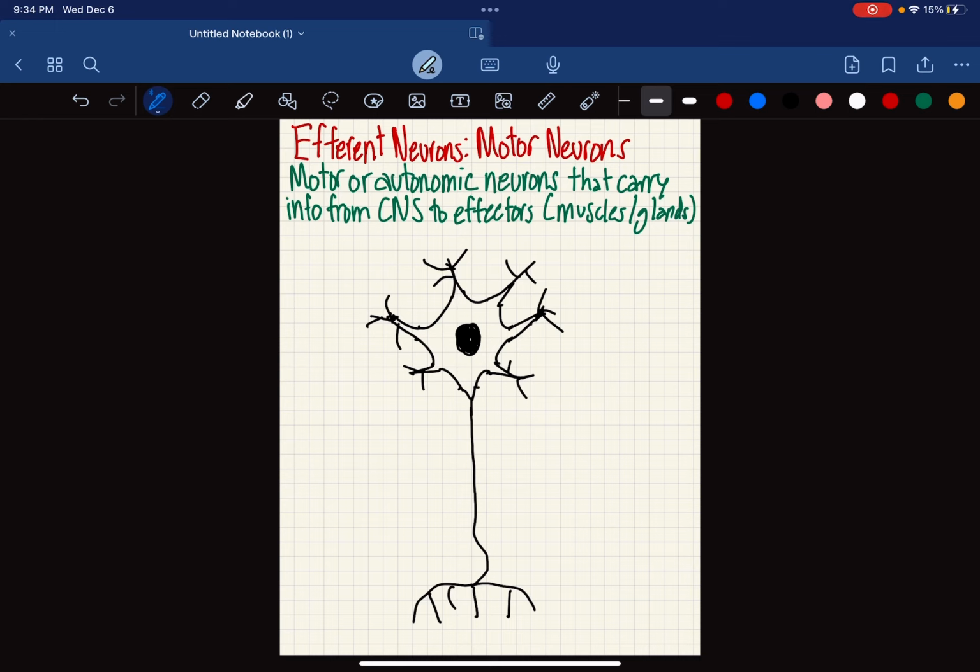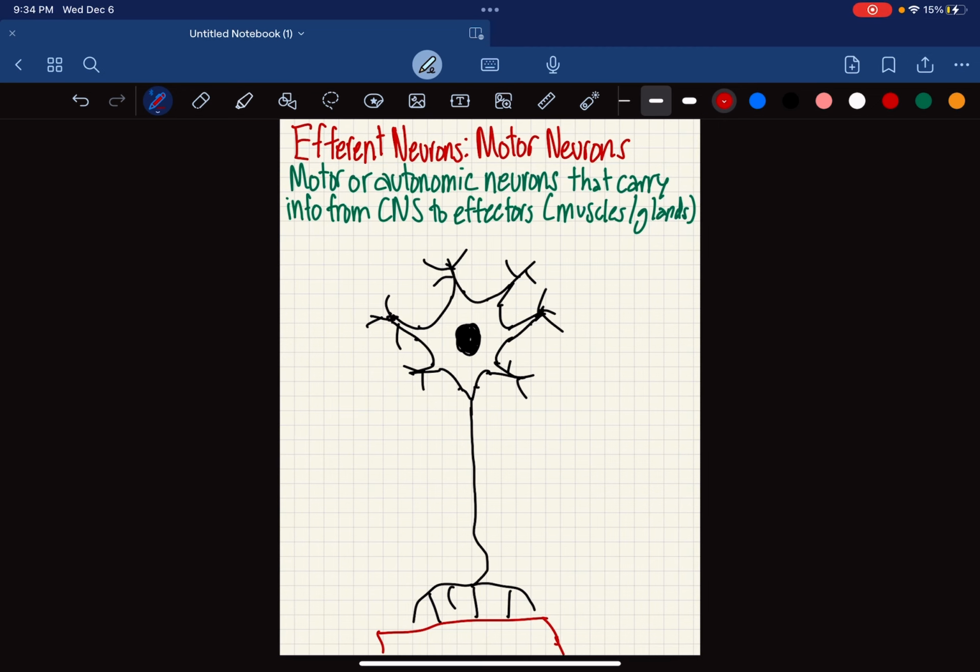So they receive the information from the interneurons, and then they send it out to the muscle, and they just tack onto the muscle, and then they just tell the muscles what to do. Obviously, there's a much more complicated kind of thing with it, especially with contractions of the EC coupling, but this is, once again, comparing and contrasting neurons.